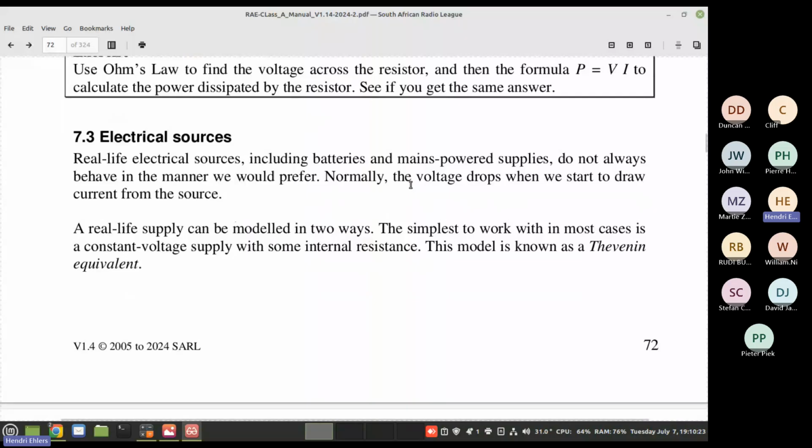Right, what they say here, batteries and mains power supplies, the moment you start drawing current through them, they tend to drop the voltage, and that's usually caused by the internal resistance.